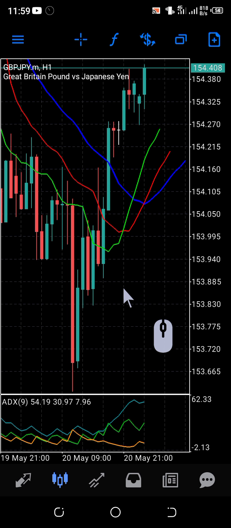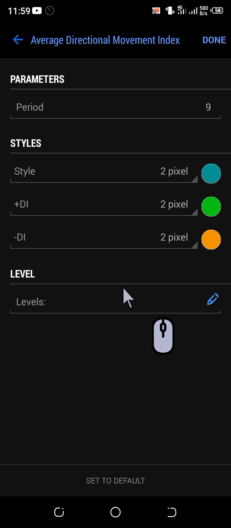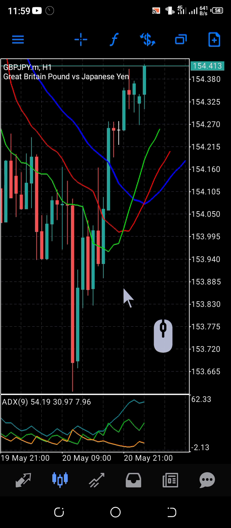Then the next indicator you have to add is the average directional moving index. When you add it, like I said, set it to the 9th period. Then that's it. I think we are good to go.